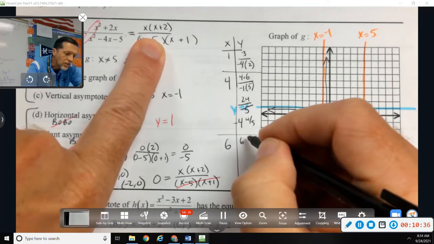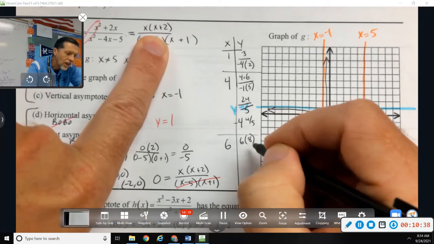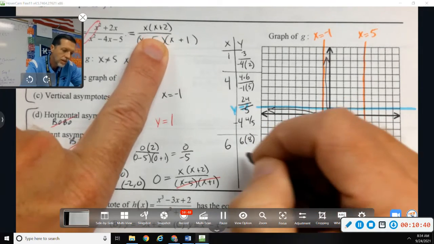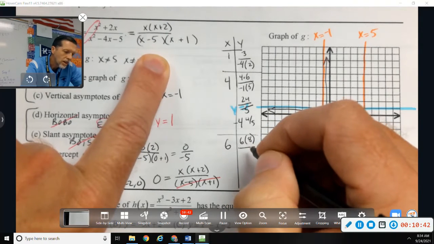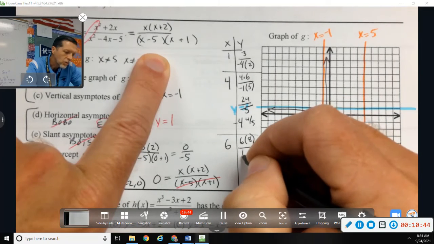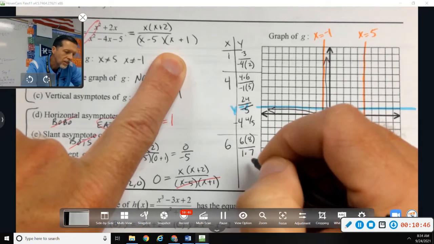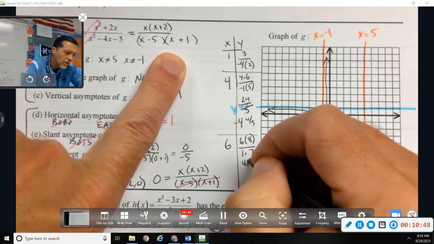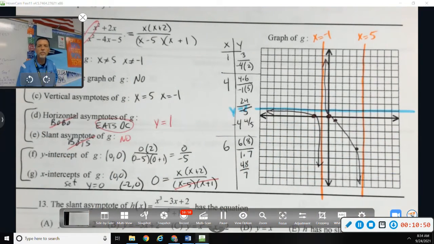So if I plug in 6, I get 6 times 8 over 6 minus 5 is 1, 6 plus 1 is 7. 48 over 7. More sadness, maybe. What's 48 divided by 7?